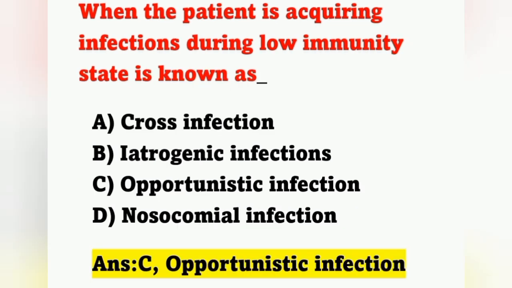Infections which occur during a low immunity state are known as opportunistic infections. Mostly these opportunistic infections are very common in AIDS, acquired immunodeficiency syndrome, that is HIV patients. Move on to the next question.